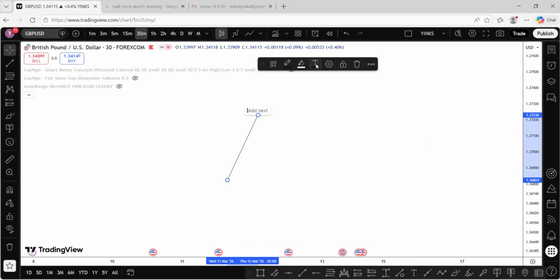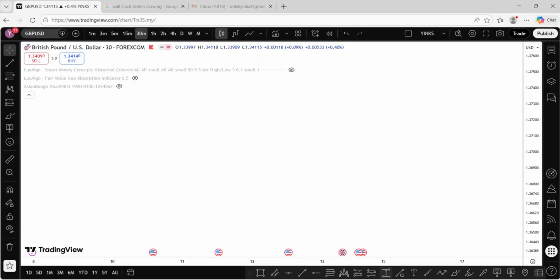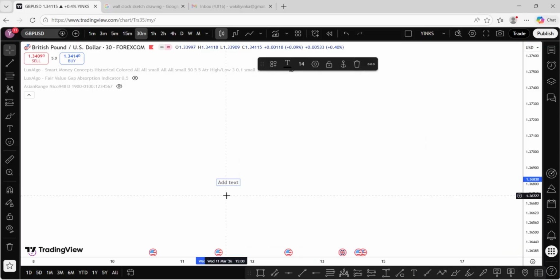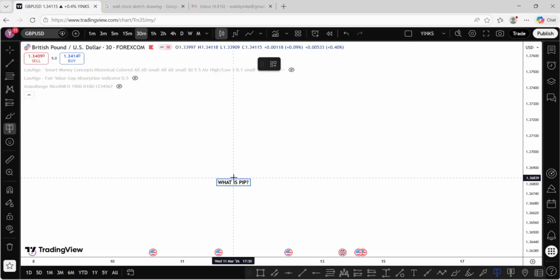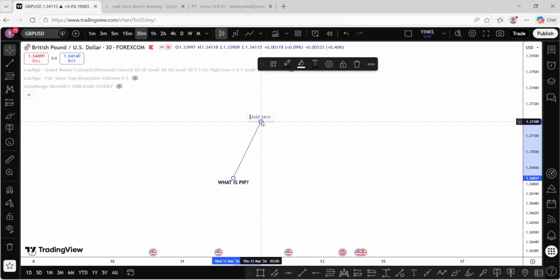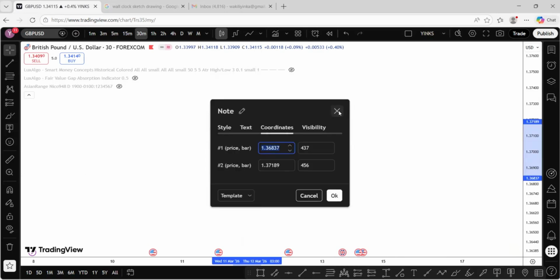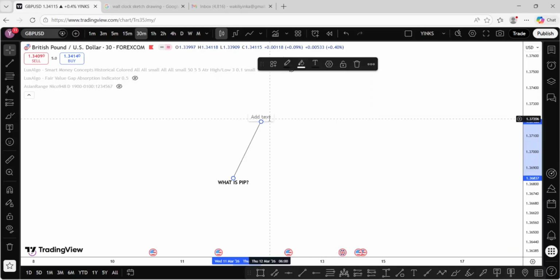A lot of you might have known what pips is. Some people call pip the smallest price movement.